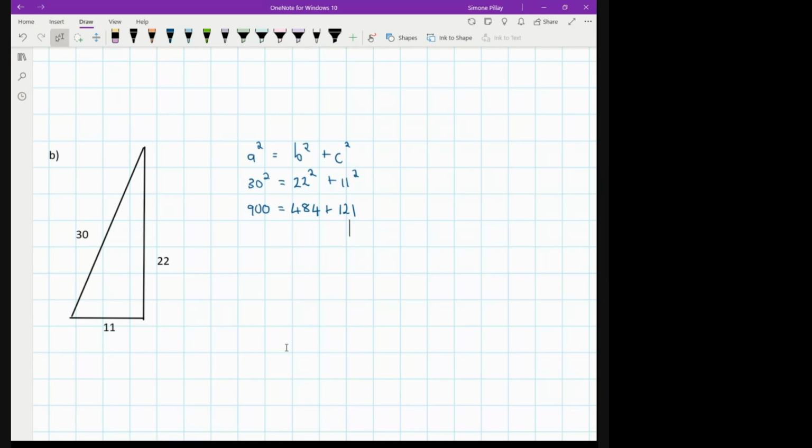11 squared is equal to 121. And then 900 is equal to 605, and then you put a line through the equals.